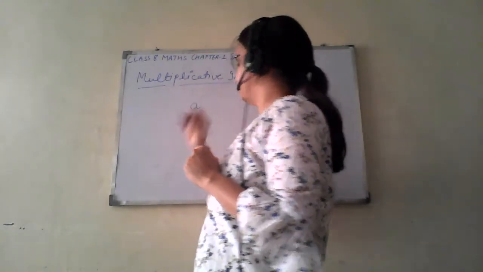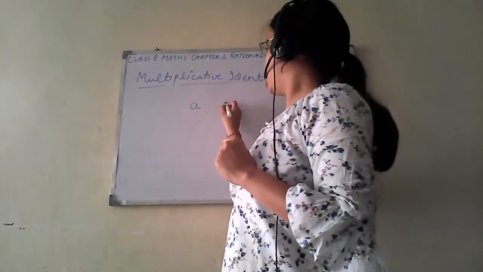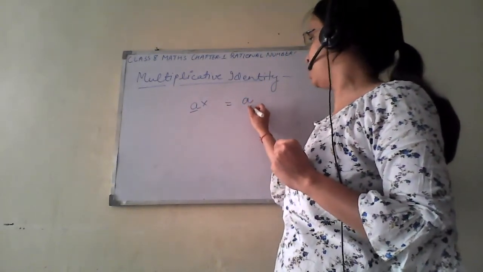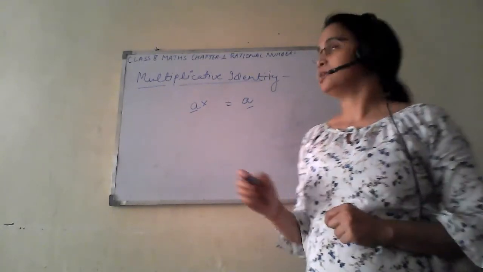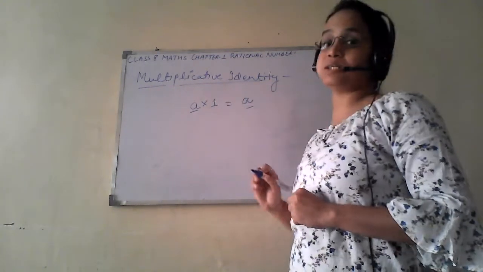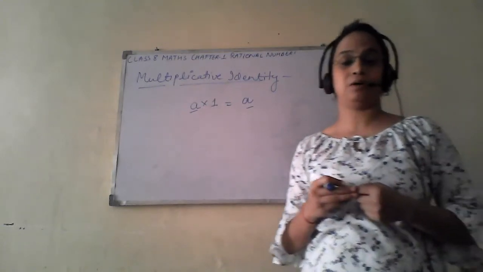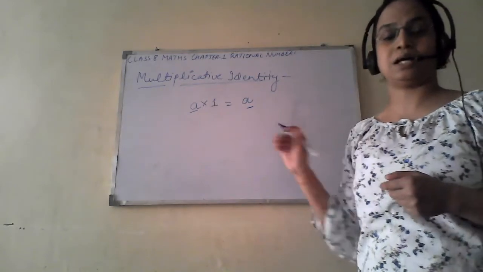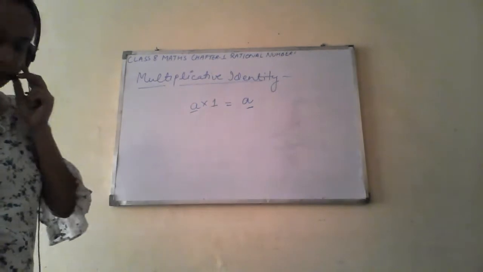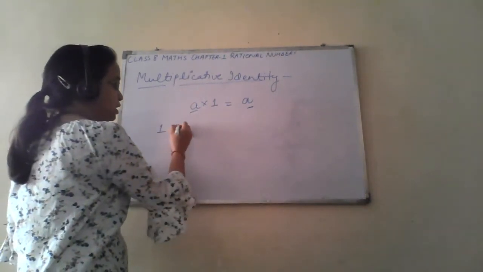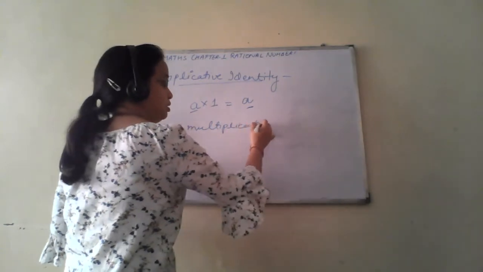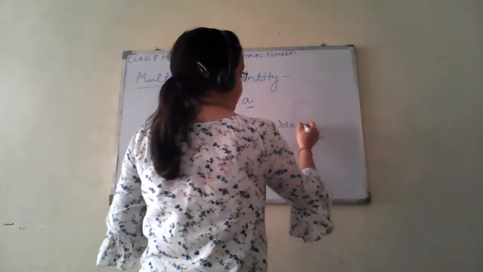Suppose there is a number A. What number should we multiply to A so that the answer will remain A? Can you guess? It will be 1, because if we multiply 1 to any number, the answer will not get changed. So 1 is the multiplicative identity.